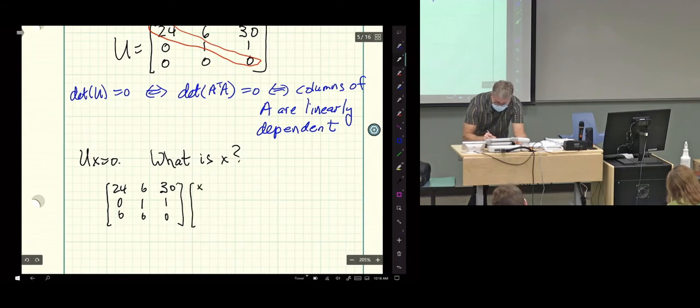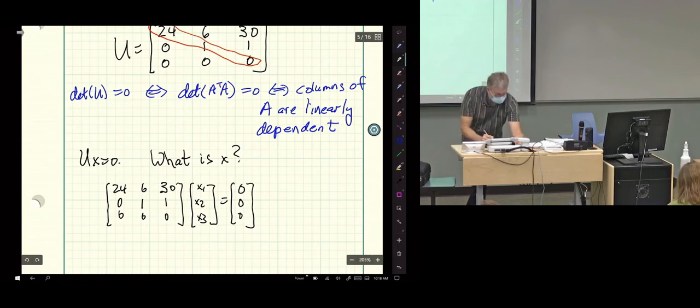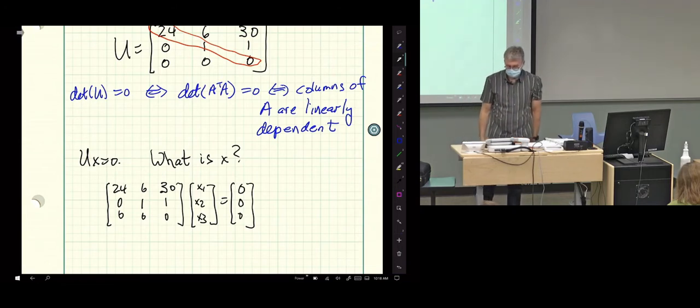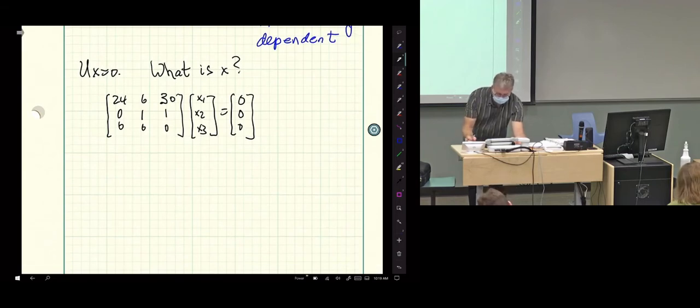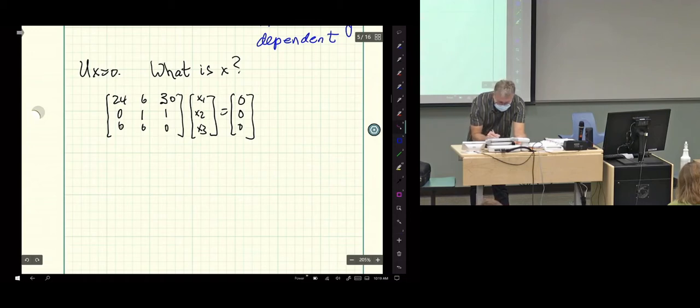Just so I can put my X1, my X2, my X3, and it's all 0, 0, 0. Those are all zeros, even though they look like sixes. Okay, what value of X3 can I plug in here and have this equation be satisfied?